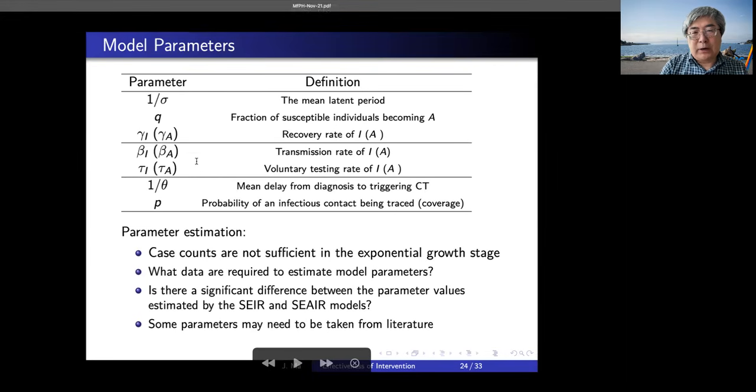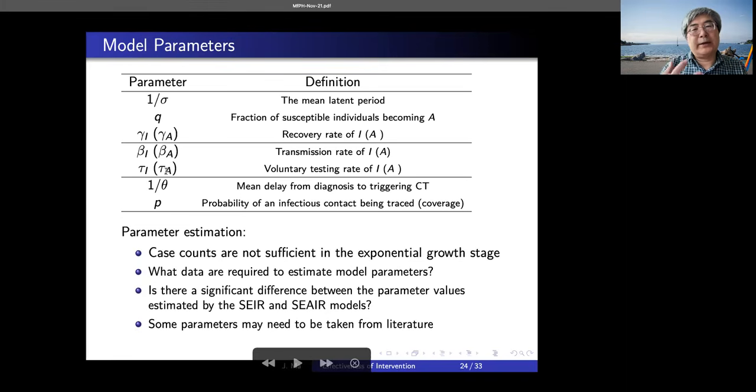So here are the model parameters. It has 3 classes. The disease-related parameters are here. The transmission-related parameters are here, the transmission rate and the voluntary testing rate.